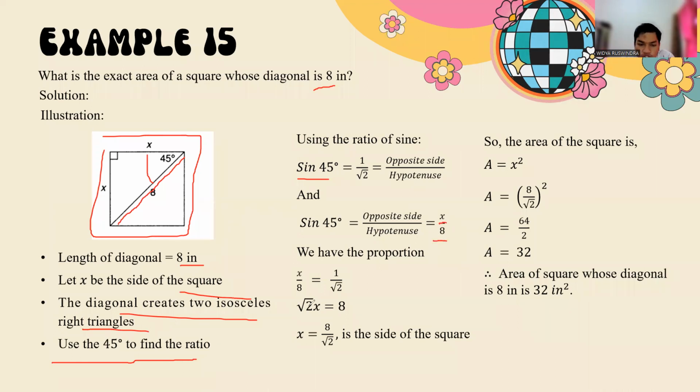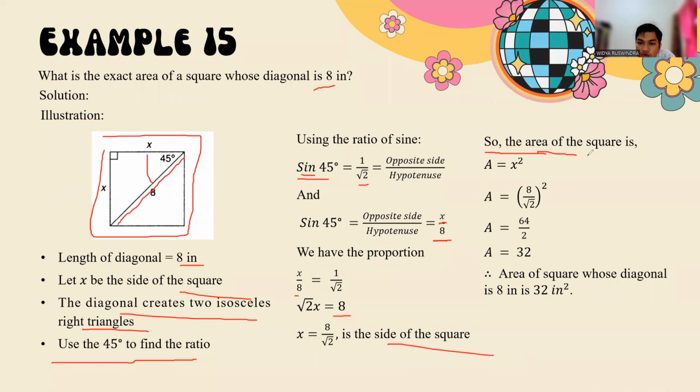So we have the proportion, it is the same value. So x over 8 is equal to 1 over square root of 2. Cross multiplying, we get square root of 2 times x is equal to 8, and the x value is 8 over square root of 2. This is the side of the square.